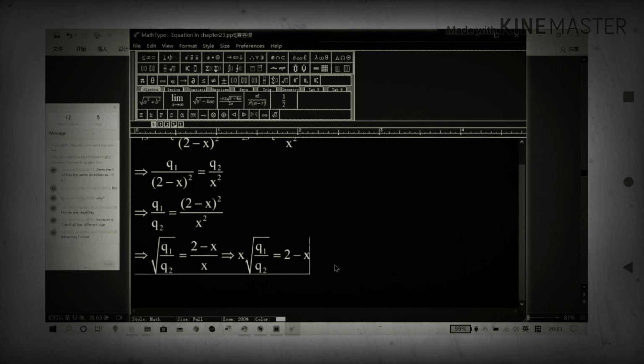We can move this x to this side, so x plus, and we can factor x out. We got this, so we have the result for x.